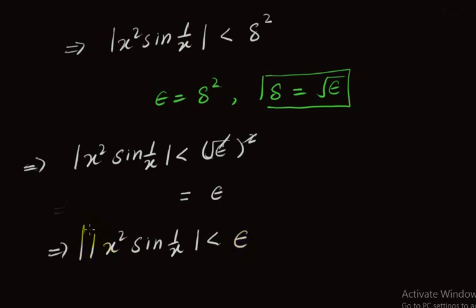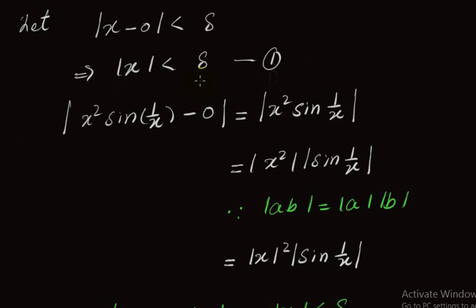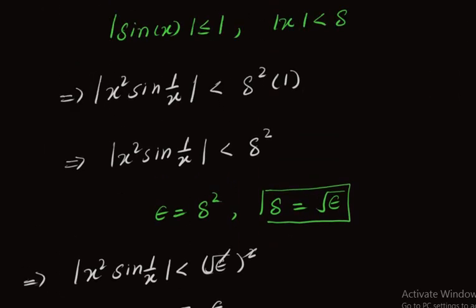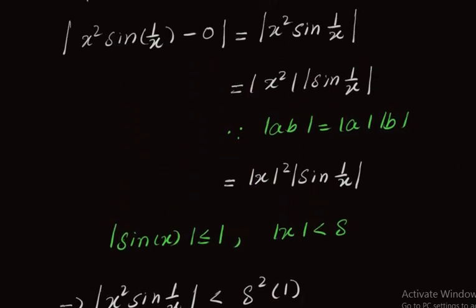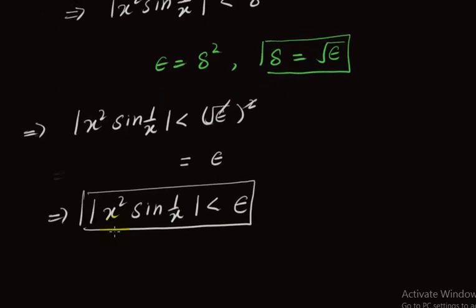Now for epsilon greater than 0 we have delta greater than 0, such that whenever mod x is less than delta, or mod of x minus 0 is less than delta, then mod of f of x minus L, which is x square sine 1 upon x minus 0, is less than epsilon.